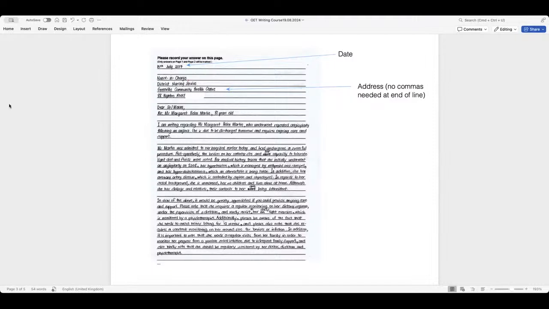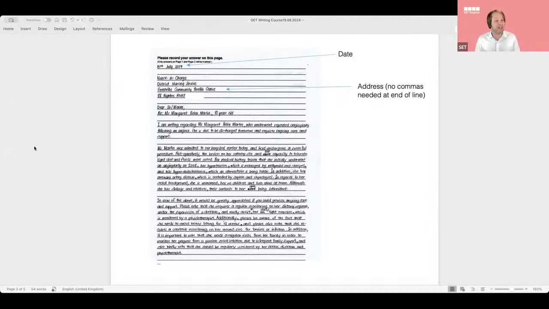Should I always put a capital letter? Yes, in addresses, yes. Capitals for the title, capitals everywhere. On addresses, we always put capitals. Great question. So guys, no commas needed, but capital letters are always needed. Does this make sense, everyone? Should be easy, really.